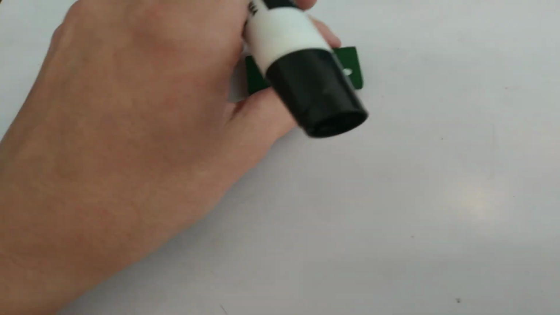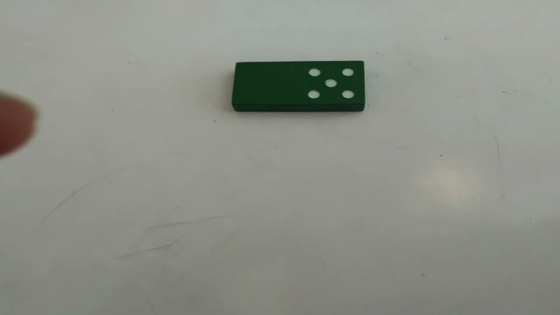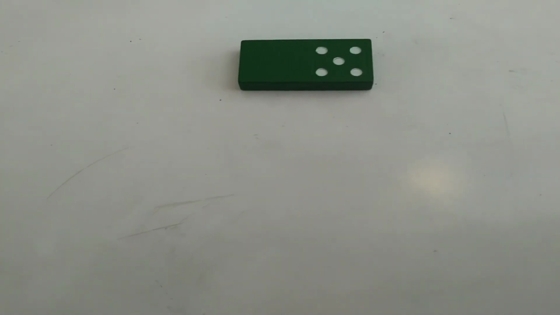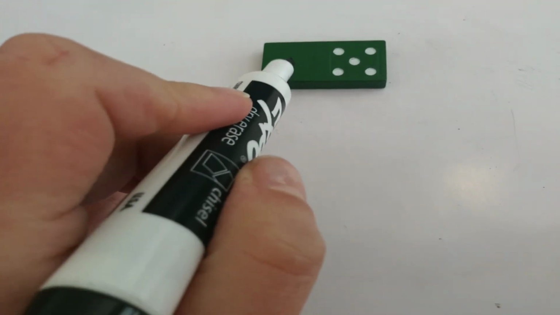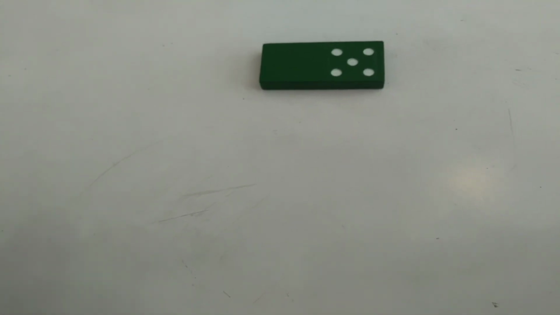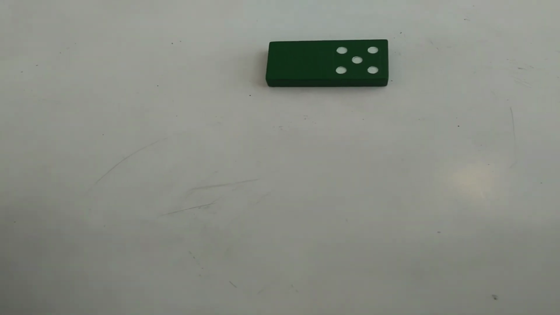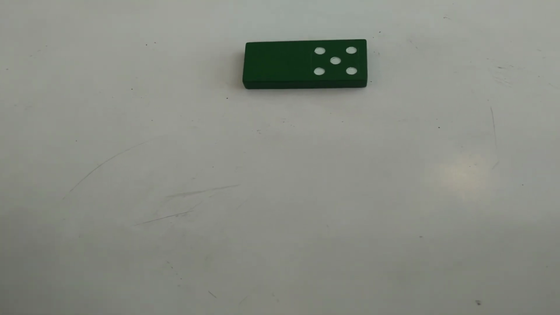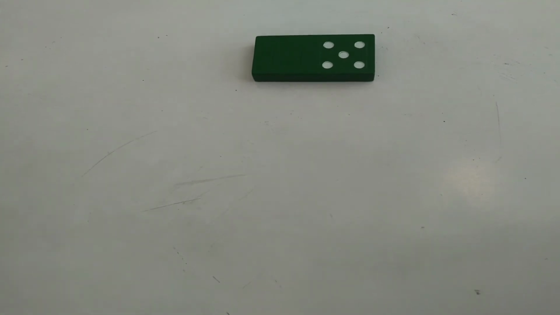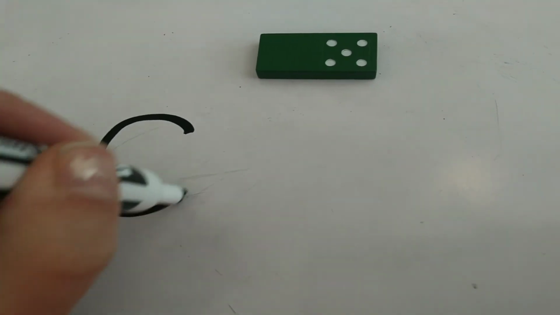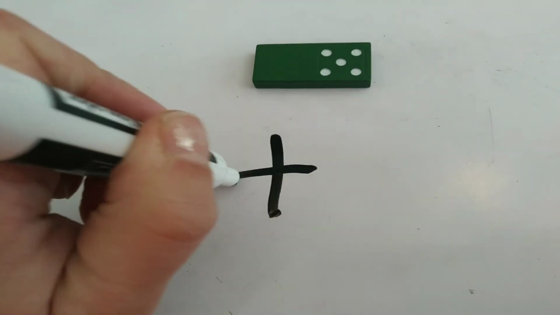Let's try another one. You guys are doing a great job reviewing those addition facts to 10. I'm going to try to trick you again. Here's another one of these, but this time it's on the other side. How many dots are here? Do you see any? Right, there's nothing on that side. So what number represents nothing? If you said 0, you did a great job, and there was no fooling you.